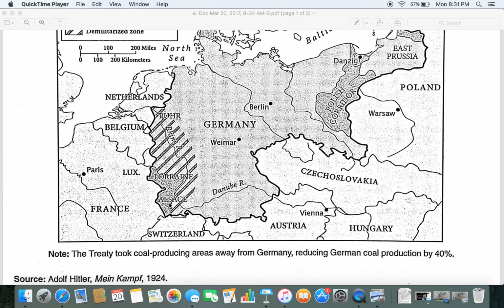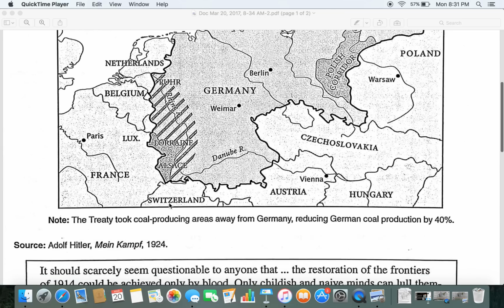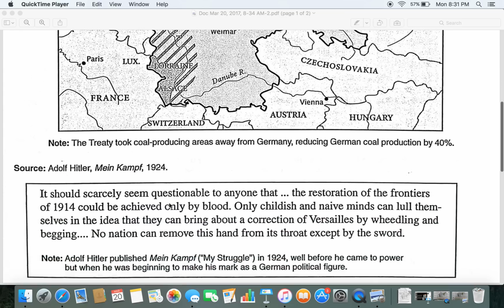And if you don't have trains and coal, you can't transport these goods, which means, once again, guys, hopefully we understand this because I keep on repeating it, less trade, less business, which means the German economy is going way down.